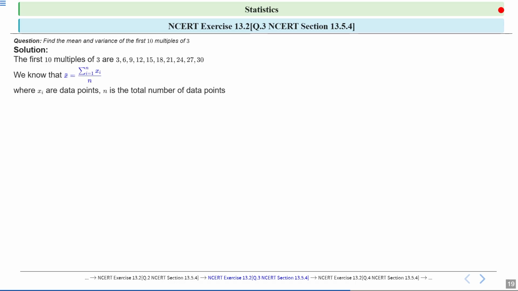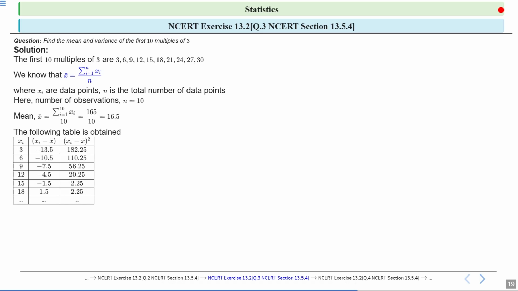We know x bar equals the summation from i equal to 1 to n of xi divided by n, where xi are data points and n is the total number of data points. Here the number of observations n equals 10. So the mean x bar equals the summation from i equal to 1 to 10 of xi divided by 10, which is equal to 165 divided by 10, and this is simply equal to 16.5.